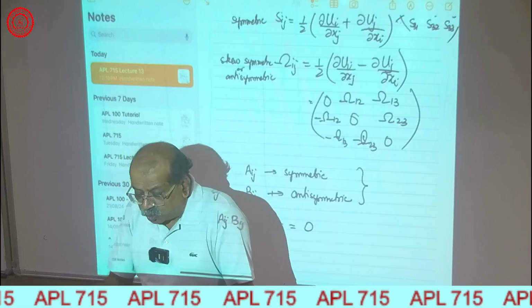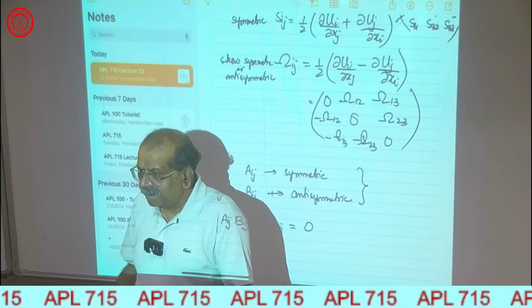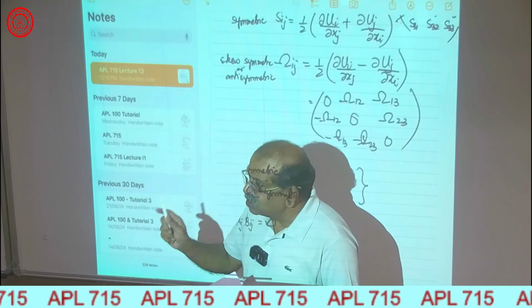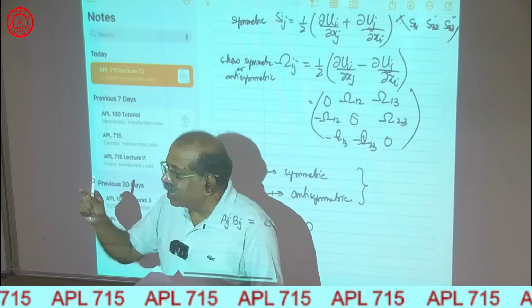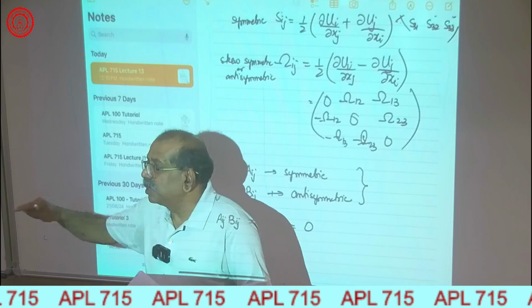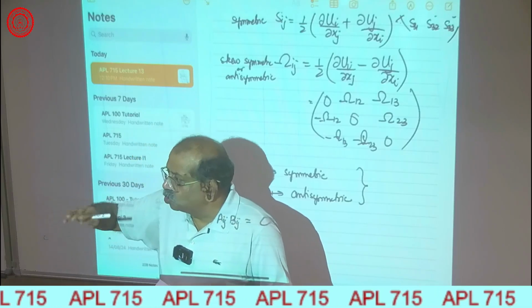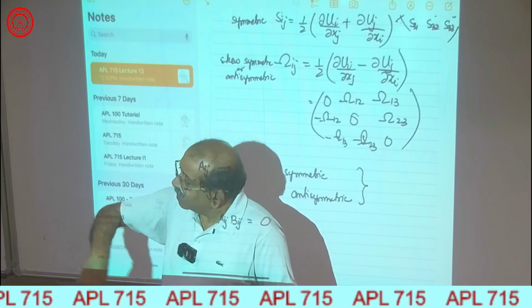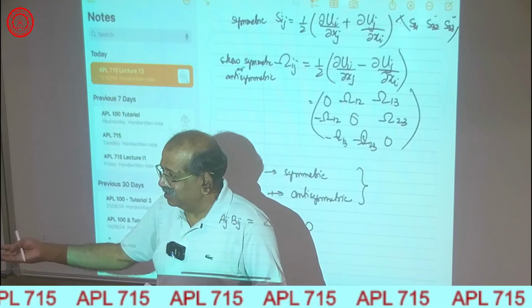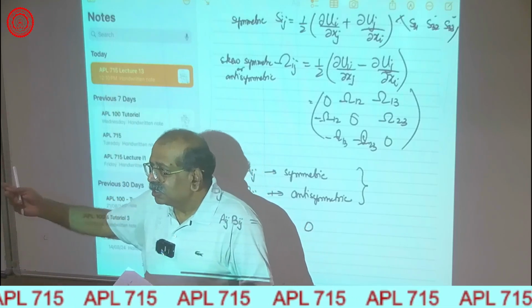And then after you do all this, you carry out the averaging of u_i prime u_j prime. And at one stage, you will get something like average of u_i prime times average of u_j prime u_k prime. So that will become 0, because the average of u_j prime u_k prime can be pulled out of the average. Any average can be pulled out.